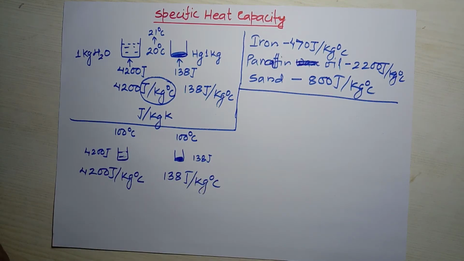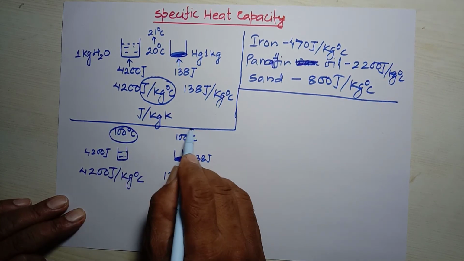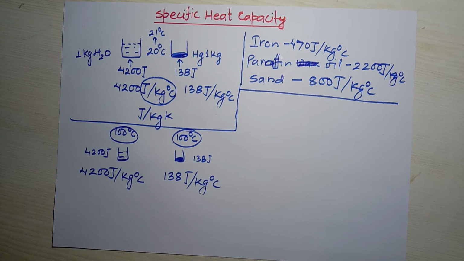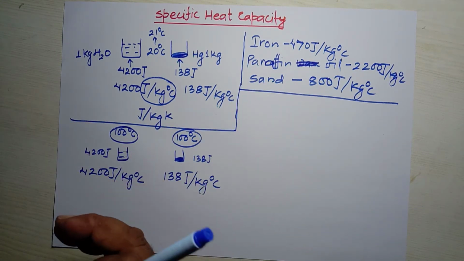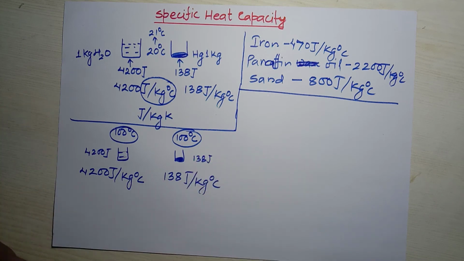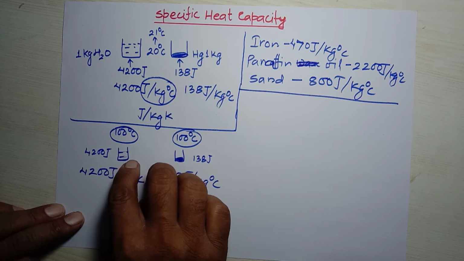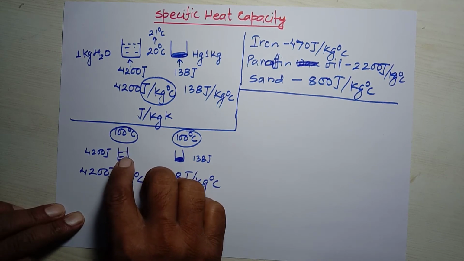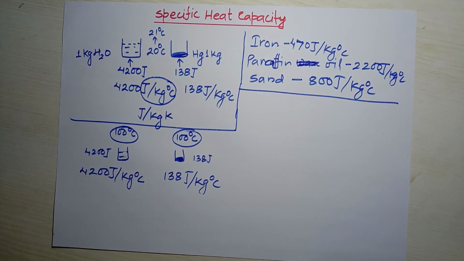Now another point, if both of them are cooled down from the same temperature, look at this. Now we are cooling them. If we leave them to cool down by the atmosphere, then what is seen? For every 1 degree Celsius fall in temperature, water releases 4200 joule heat energy.